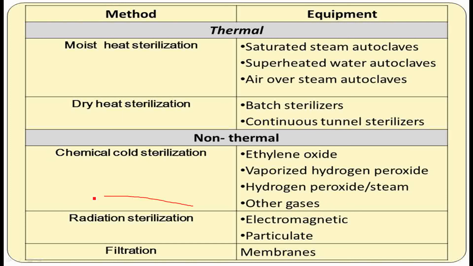If the method is radiation sterilization, then the equipment will be electromagnetic or particulate. When it comes to the filtration method, then the equipment is membranes. Membranes are used for the filtration method.